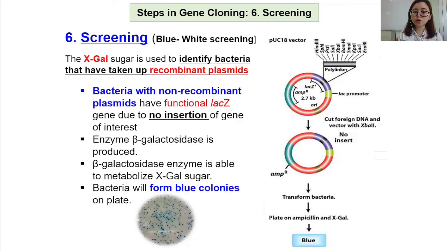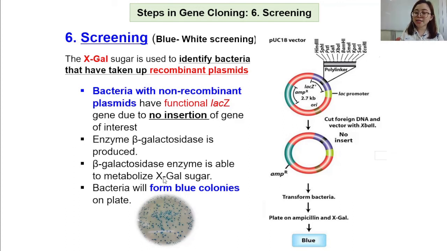Bacteria with non-recombinant plasmids will have a functional LacZ gene due to no insertion of gene of interest. If no gene of interest is inserted, that means the LacZ gene is not disrupted and still functions as normal. So the enzyme beta-galactosidase will be produced. Beta-galactosidase enzyme is able to metabolize or digest X-gal sugar.